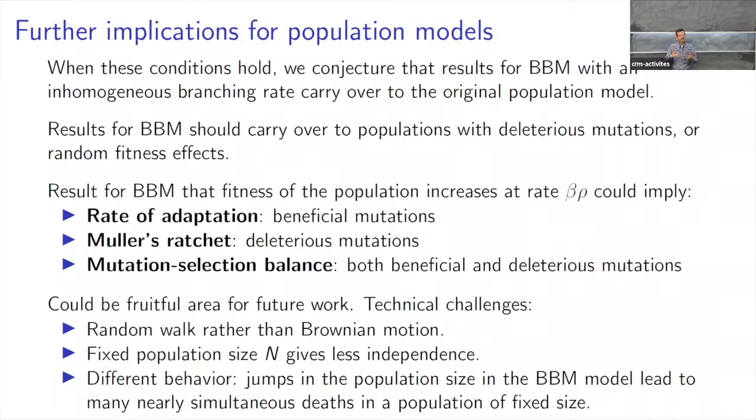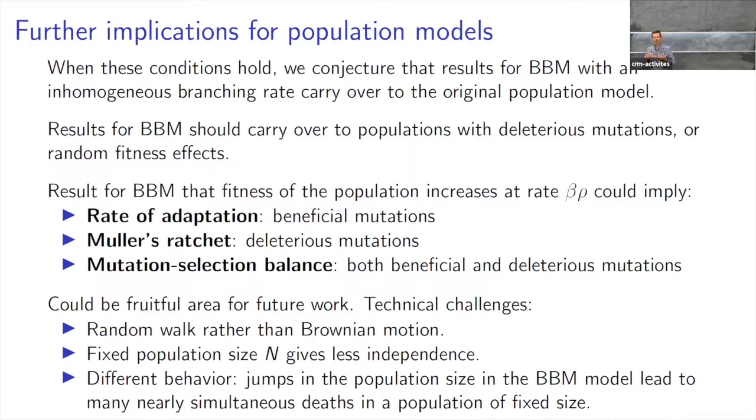So it appears that trying to establish rigorously some of these results in the case of population models of fixed size could be a fruitful area for future work. However, there are significant technical challenges. First, one would have to work with random walks rather than Brownian motion.